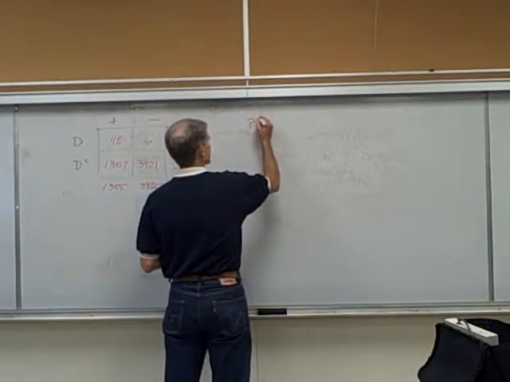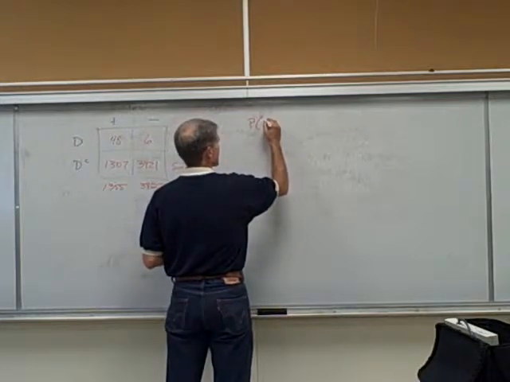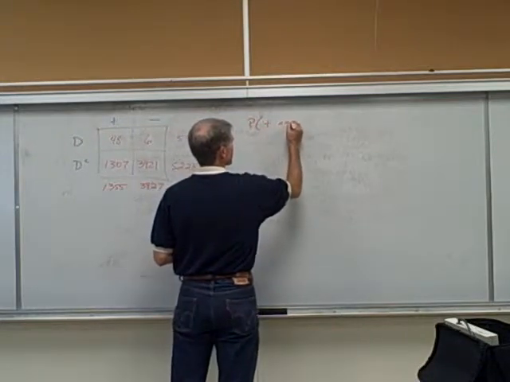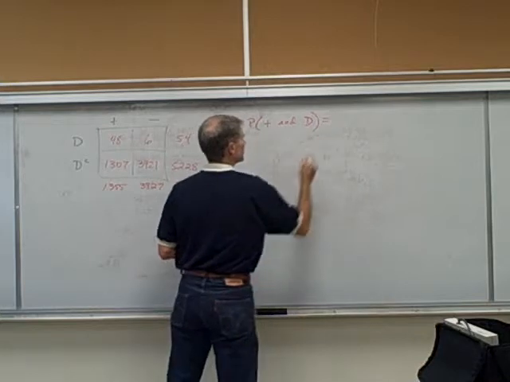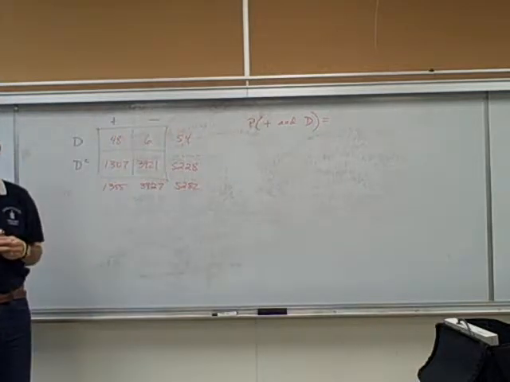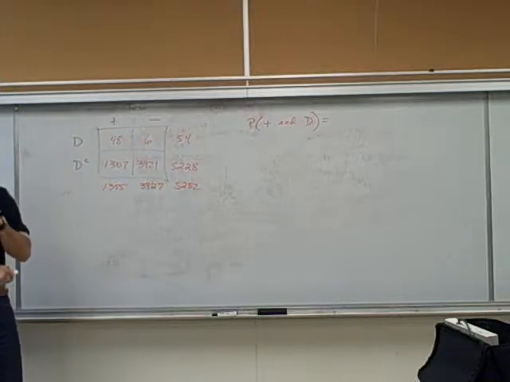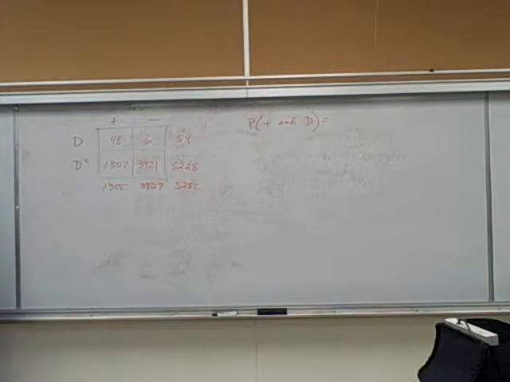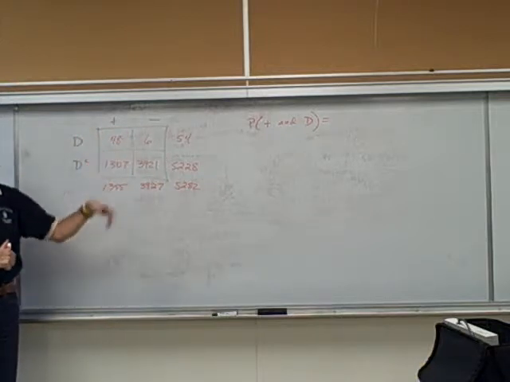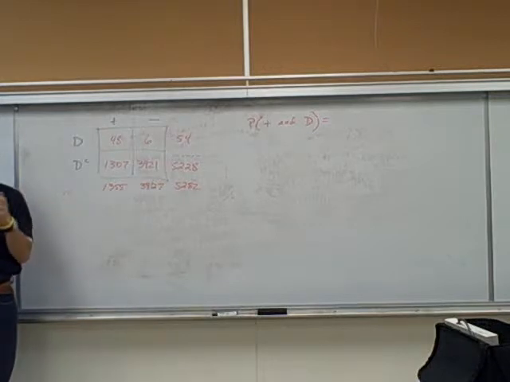So what's the probability of testing positive and the baby having Down syndrome? Well, the and makes you think multiplication rule, and you can do that. But if you have the data set up in a contingency table, you don't really have to go to all that trouble to use all those formulas.